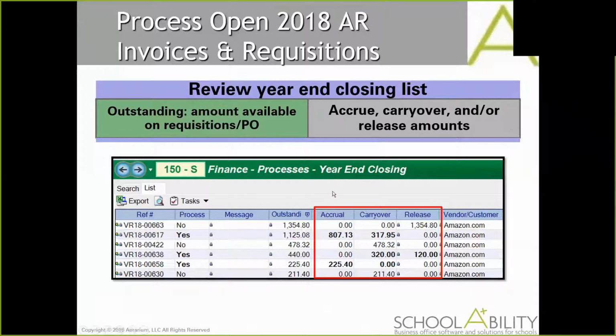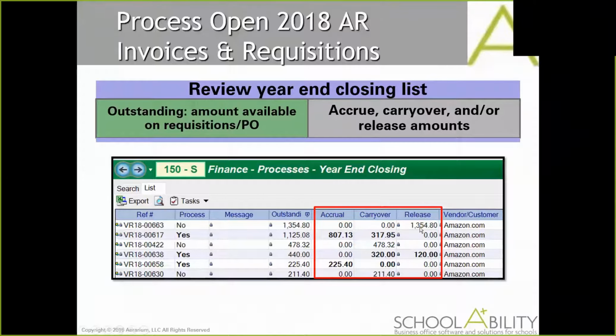For the most part, most of us are not going to use this column called accrual because we're cash basis or modified, semi-modified accrual, if you say that. Now, if we want it to carry over, we're going to want to enter the amount within the carryover field.